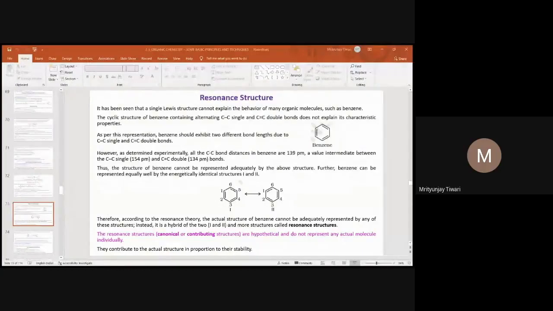So these are the few things that you think. If the negative charge is on the more electronegative atom, that will be more stable than if the negative charge is on a less electronegative atom. So these are things, and for a few examples we have seen.